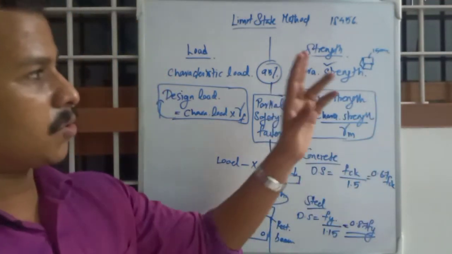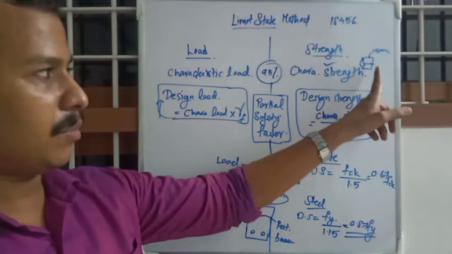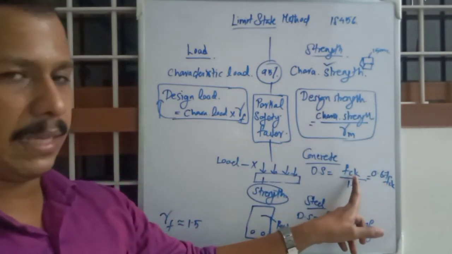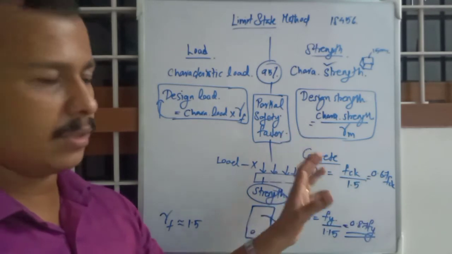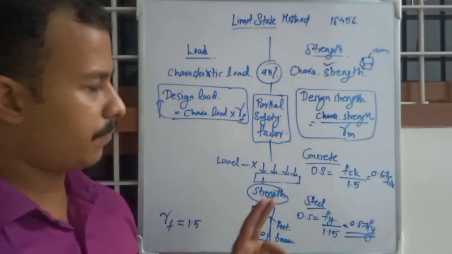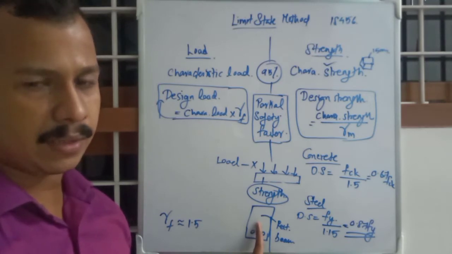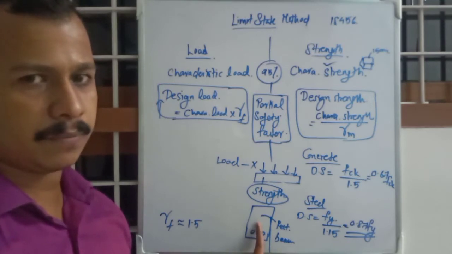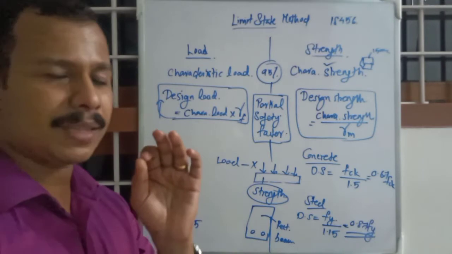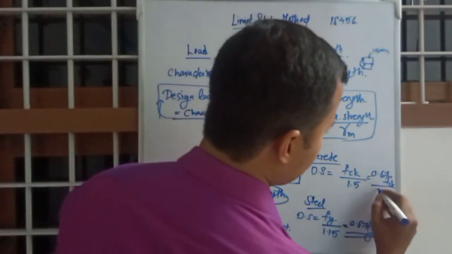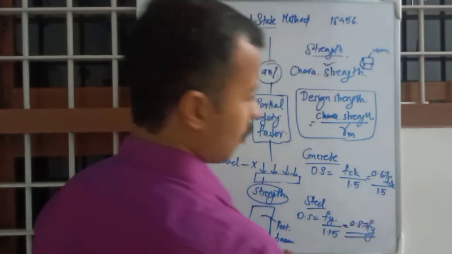The strength that you get from this cube is given as FCK 20, if that is M20 mix, but it may not be the same in case of a rectangular shape. So to consider that shape factor, we will again divide it with the partial safety factor 1.5.